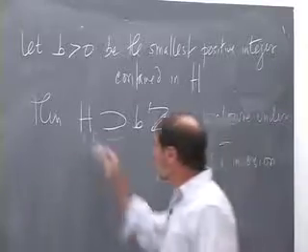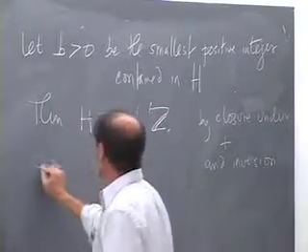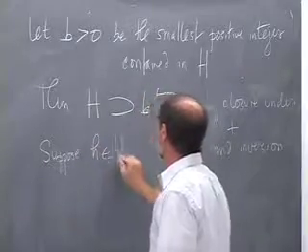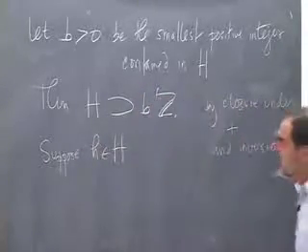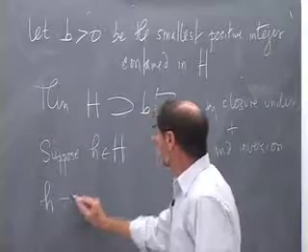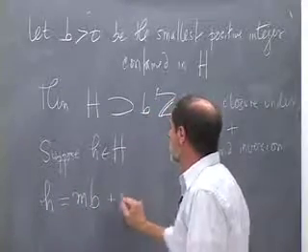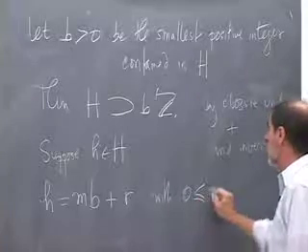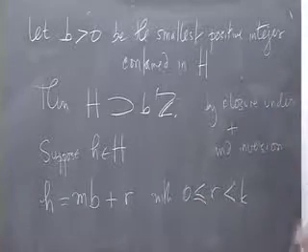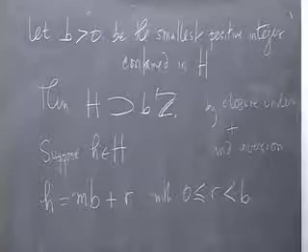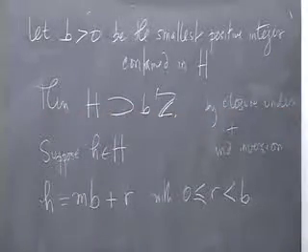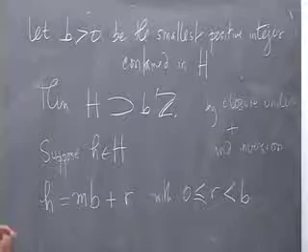Now suppose there was something else in H. Suppose h is in H. And write h as some multiple of b plus a remainder term, with 0 less than or equal to r less than b. We can do that by the Euclidean algorithm. You can always subtract off some multiple of b from your integer that's in the group that makes the remainder less than b.